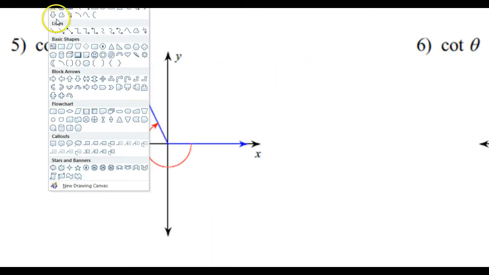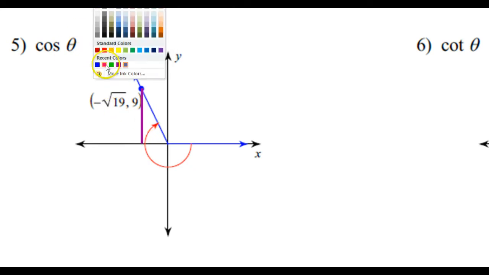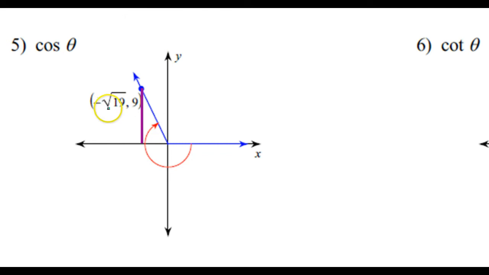For number 5, once again, let's draw a reference triangle like this, and label it. So let's see, the x value is negative radical 19. So that must be right here, negative radical 19, my x value.